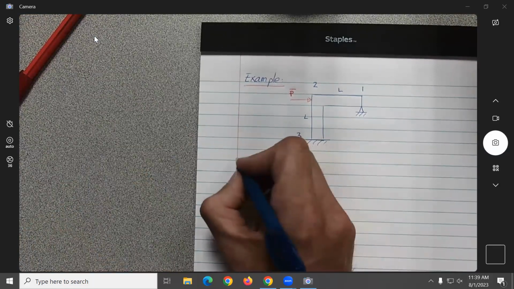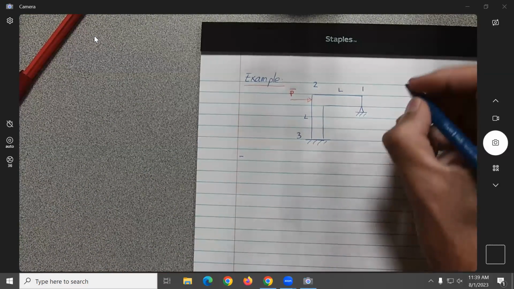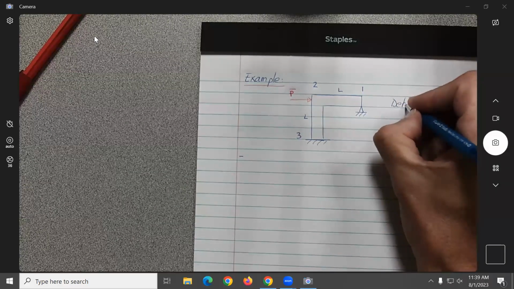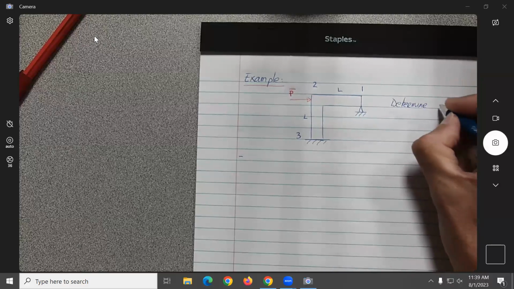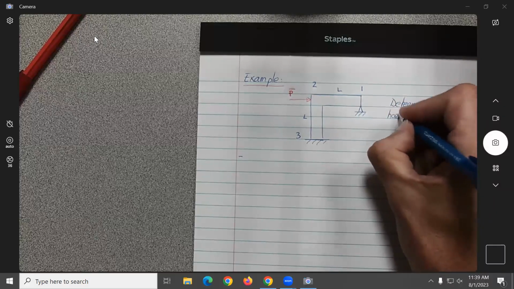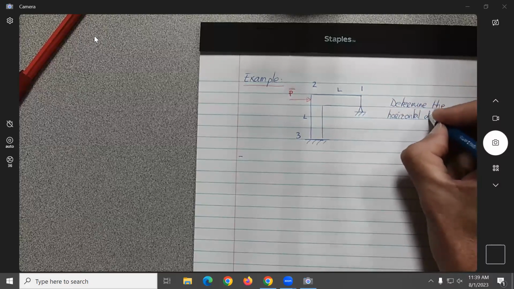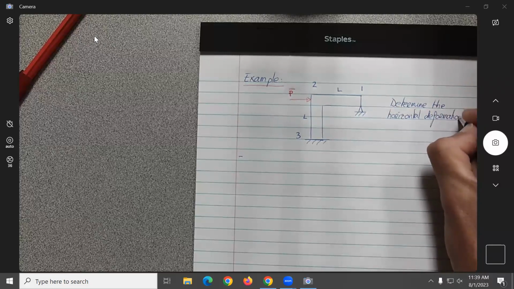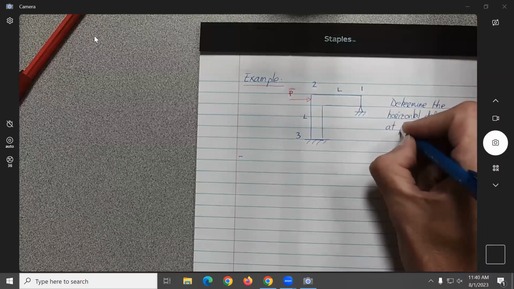So the question here will be: determine the horizontal deformation at point 2.